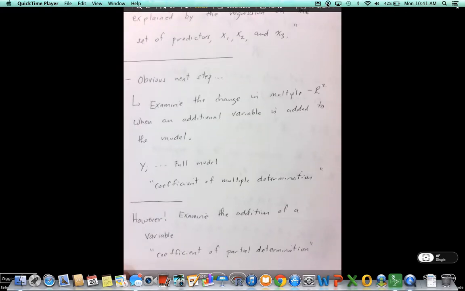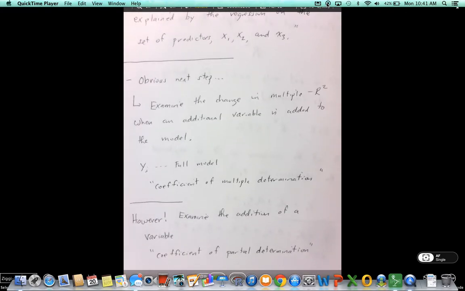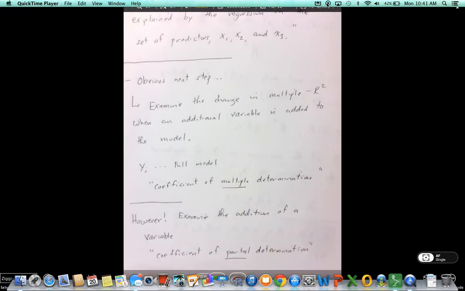So again, just a simple difference here. Multiple determination talks about the full model. Partial determination talks about the change in the multiple R squared when we add a variable to our model.